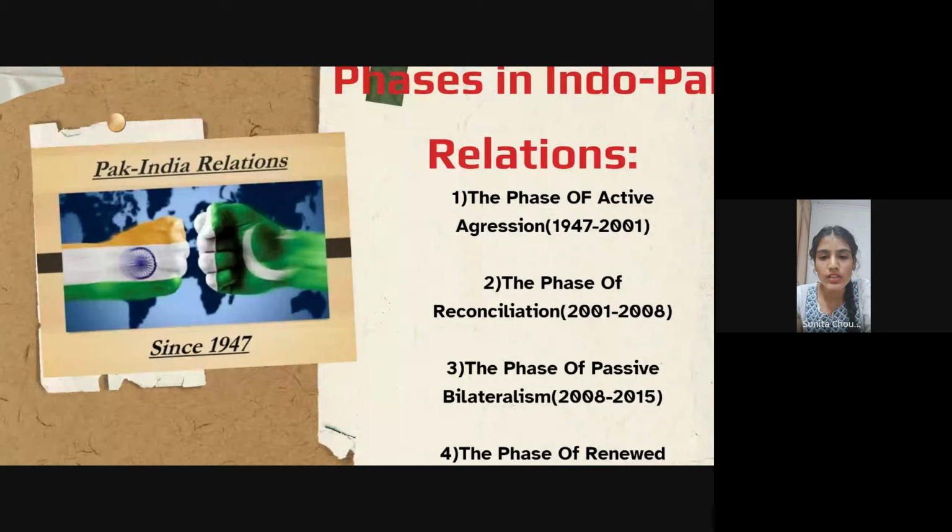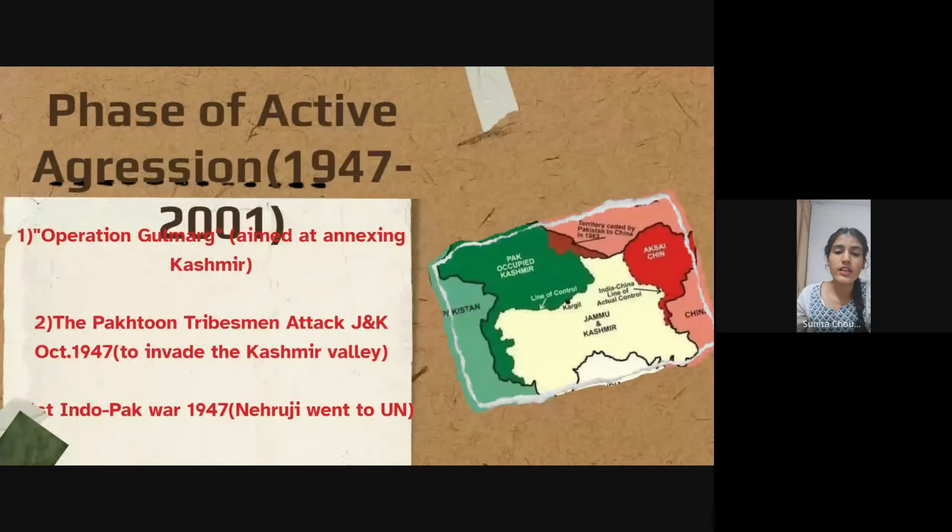The second phase was the phase of reconciliation, from 2001 to 2008. The third phase was of passive bilateralism from 2008 to 2015, and then the phase of renewed aggression from 2015 till date.